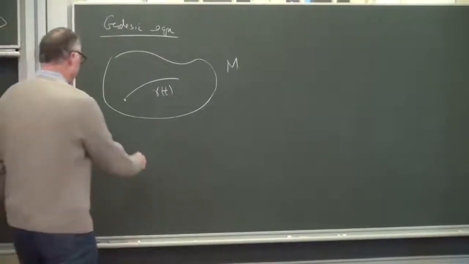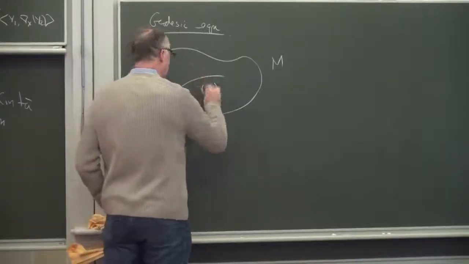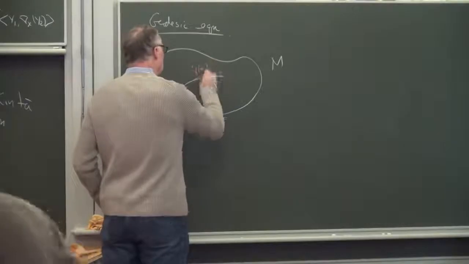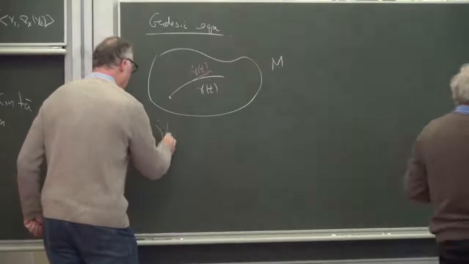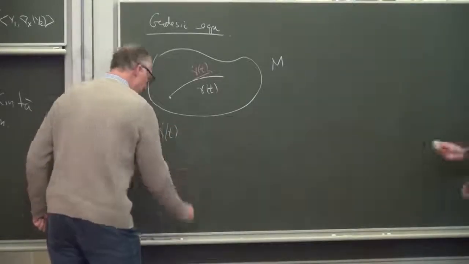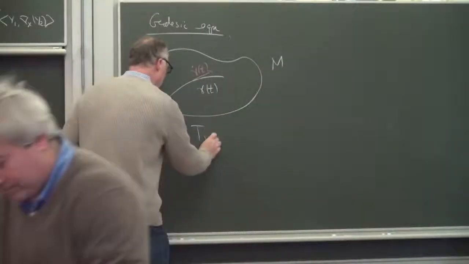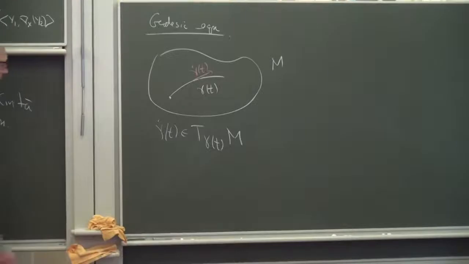And so if you have a curve, at each point you have its tangent vector, in the tangent space to the manifold at the point along the curve, its first derivative.